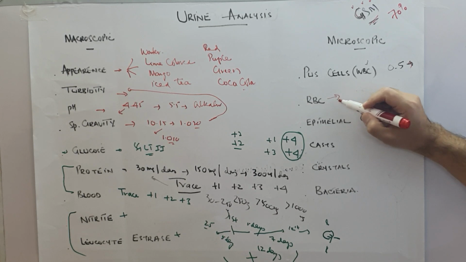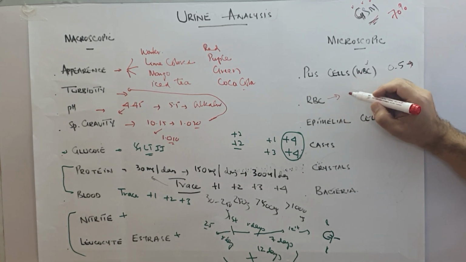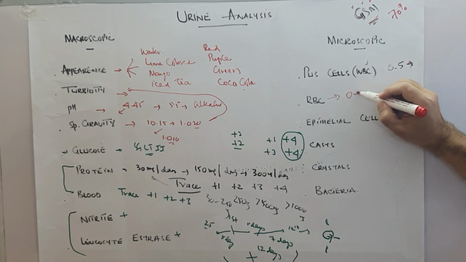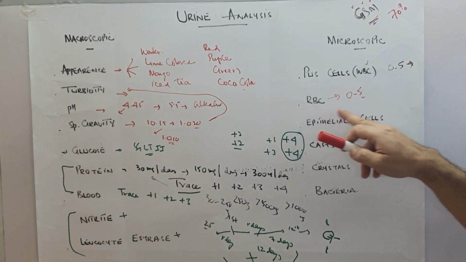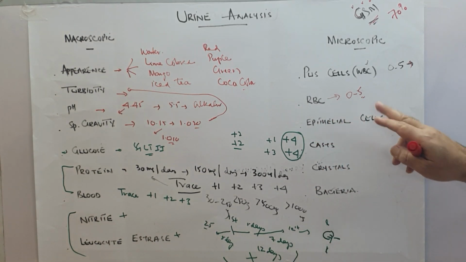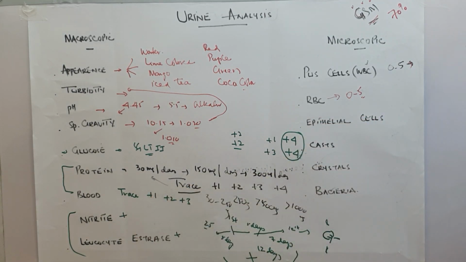We don't normally have any RBCs in the urine, but sometimes we can have up to 5 RBCs. In women, it's more common, obviously, because of menstruation. In men, you don't often get RBCs in the urine, but the presence of RBCs in the urine more or less confirms what you saw macroscopically.